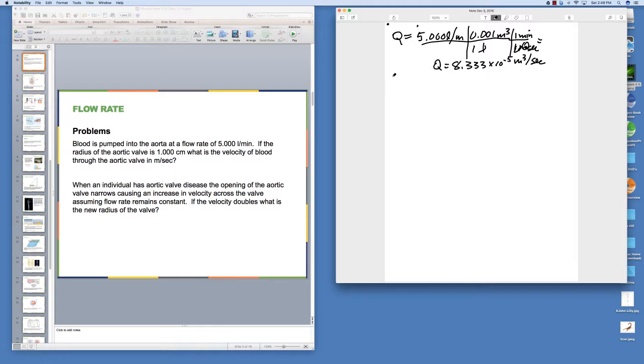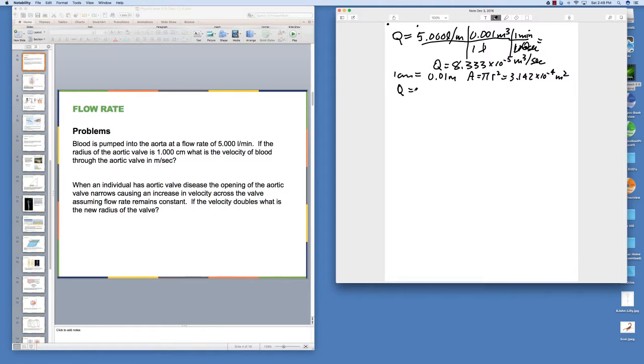And we have to also convert the 1 centimeter, which is going to be 0.01 meters. So the area, which is pi r squared, is going to be pi times this squared, or 3.142 times 10 to the minus 4 square meters. Now we're ready to move forward with the problem.